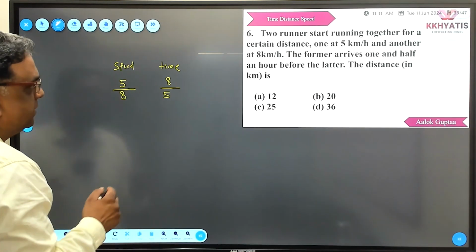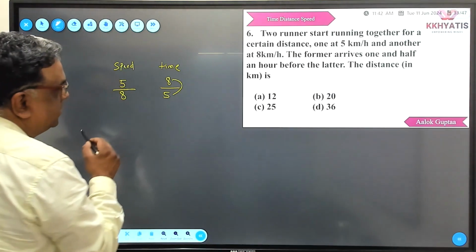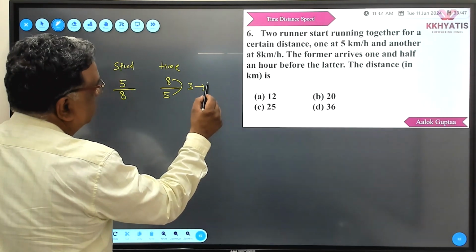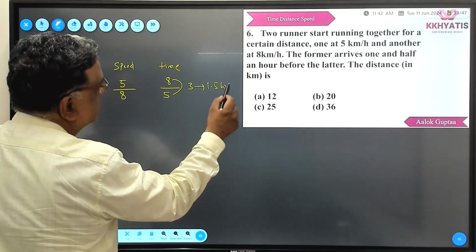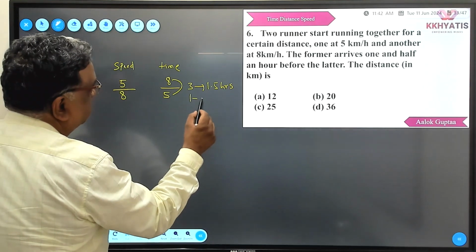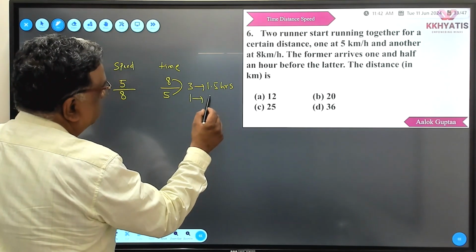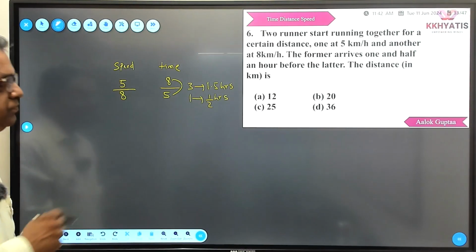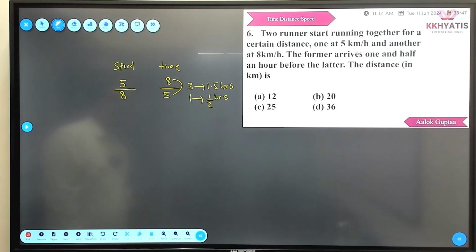Now they are saying the difference between this 3 is given as 1.5 hours, which means 1 का difference कितना होगा? It will be half hours, right? The former arrives 1.5 hours before the later. The distance in kilometer is.